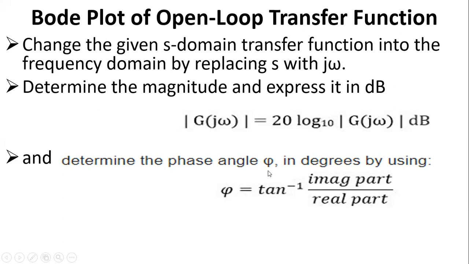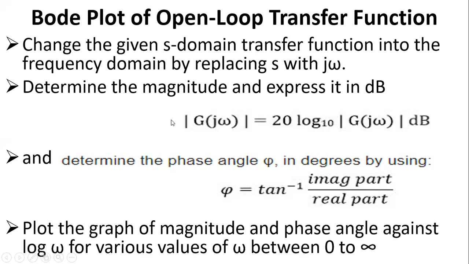And determine the phase angle as tan inverse of the imaginary part by the real part, where the j part is the imaginary part. Then consider necessary approximations before plotting the graph of magnitude and phase angle against log omega for various values of omega from 0 to infinity.